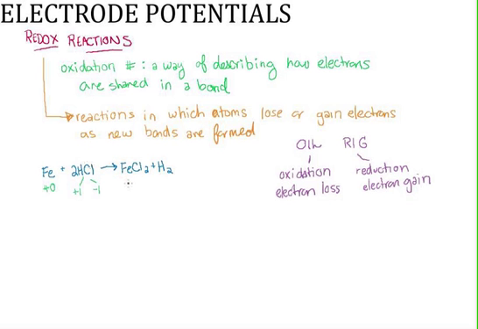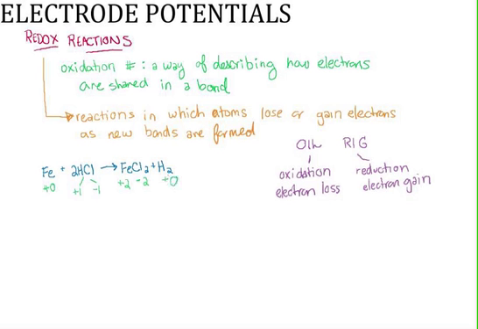By the time we get over here, though, notice that we've got a -2 charge on the chlorine, which means that iron has to have acquired a +2 charge. And now the hydrogen gas is neutral, right?